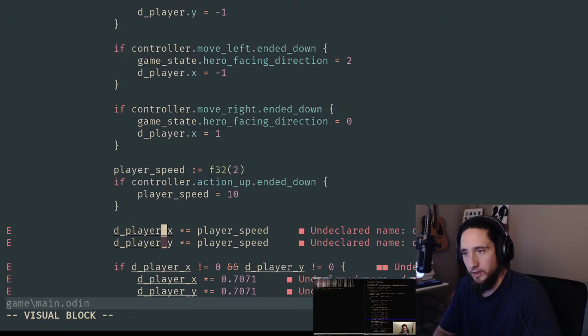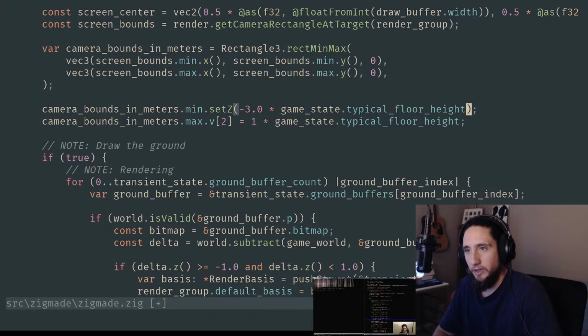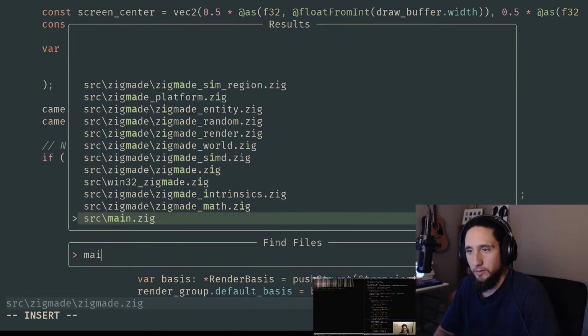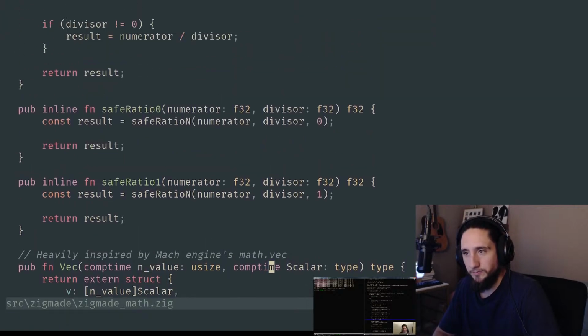And that's not really a condemnation of Zig per se. It's just that there's ways around it using Zig's vector type. If I look in the math module here, Zig does have this built-in vector type, but it's not as flexible.